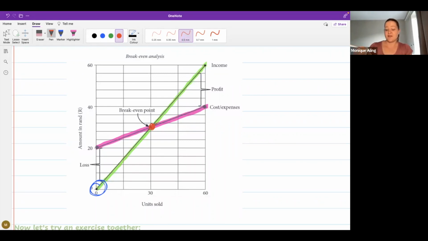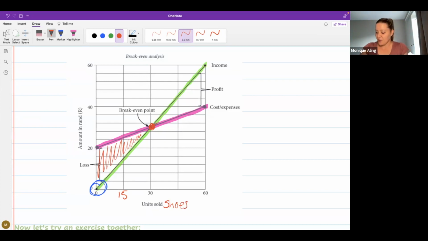So if you are looking at any point over here on the graph, so if we were selling, let's say, because this would be 15. Let's say I was selling 15 pairs of shoes.